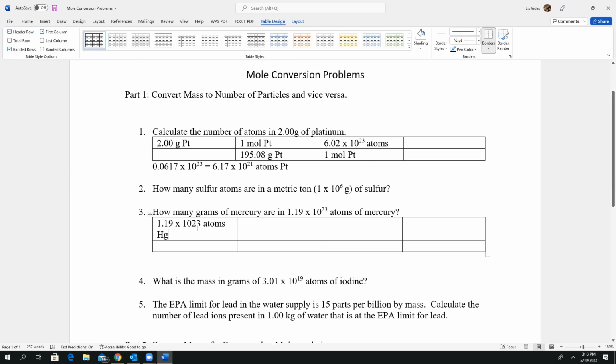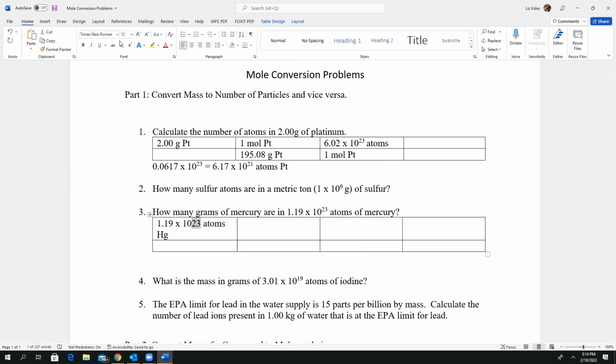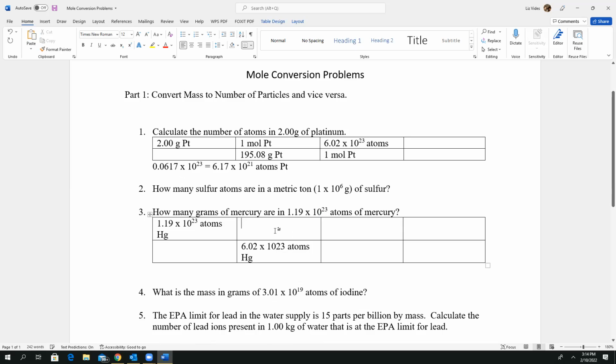Okay, 10 to the 23rd. So they want to know how many grams. We're doing the same thing, but reversed. So obviously atoms is going to go on the bottom. So we have 6.02 times 10 to the 23rd down below, and that is atoms of mercury in 1 mole of mercury, right?